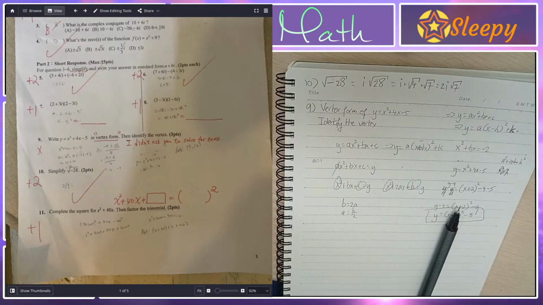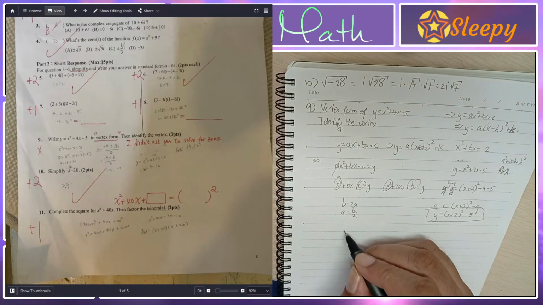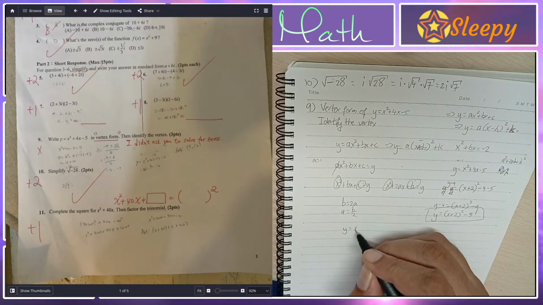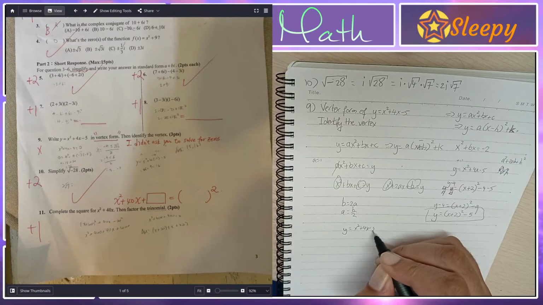It's technically the top. It's minus b divided by 2a. If you have y is x squared plus 4x minus 5, then the x of the top is called the vertex.